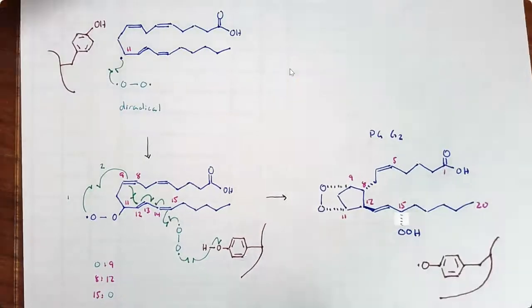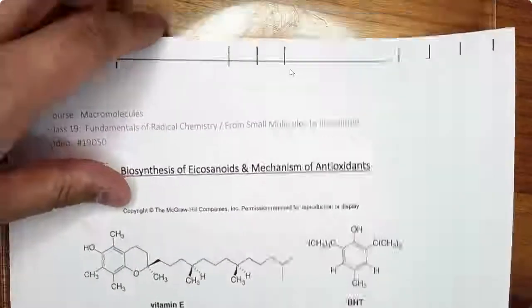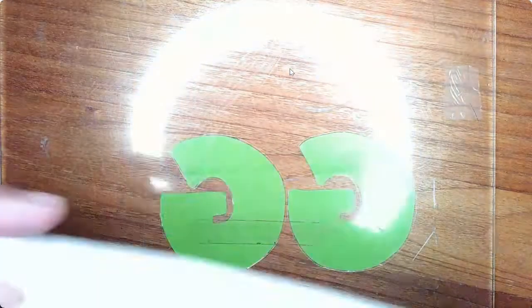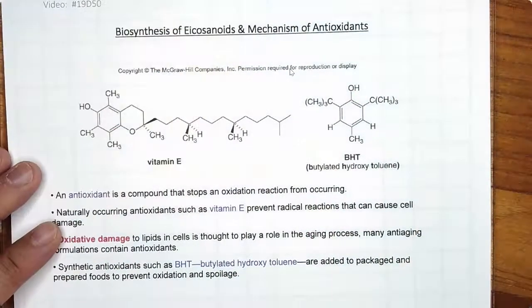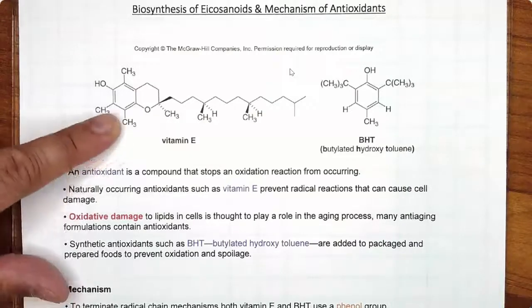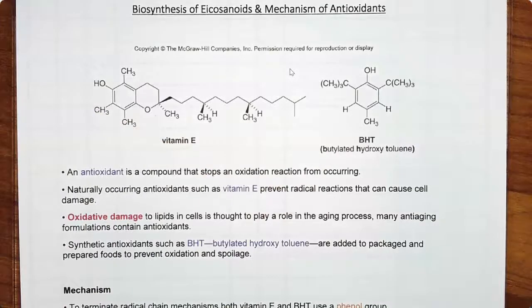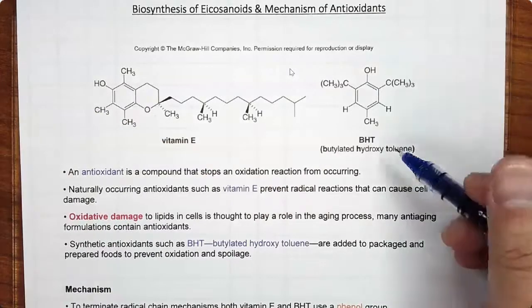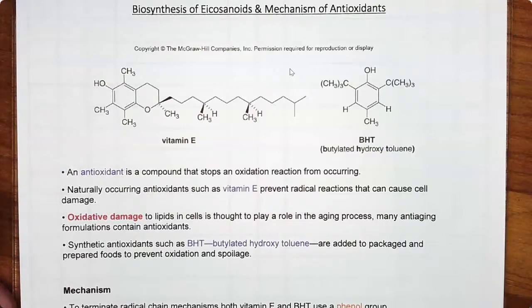The next example that I want to briefly talk about is antioxidants and their mechanisms. Here I have two antioxidants, a natural one, vitamin E, and one that's used as a preservative in food products, BHT. An antioxidant is a compound that stops an oxidation reaction from occurring.